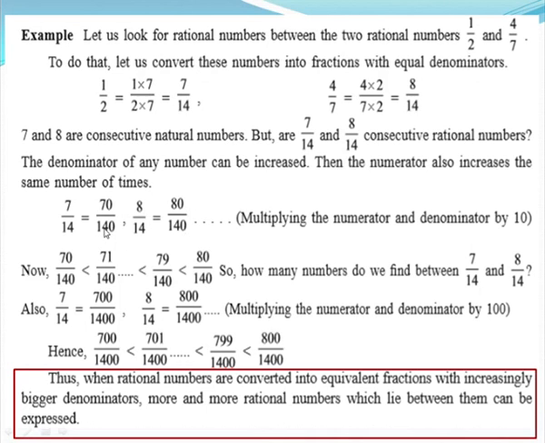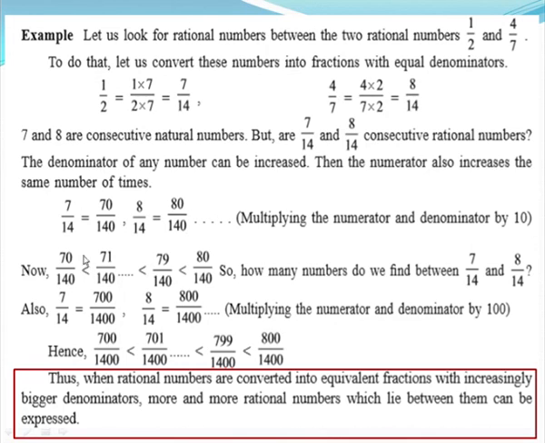Now, if you look at these two rational numbers, 70 upon 140 and 80 upon 140, we will find many rational numbers between them. Here 70 upon 140 is equivalent to 1 upon 2 and 80 upon 140 is equivalent to 4 upon 7.